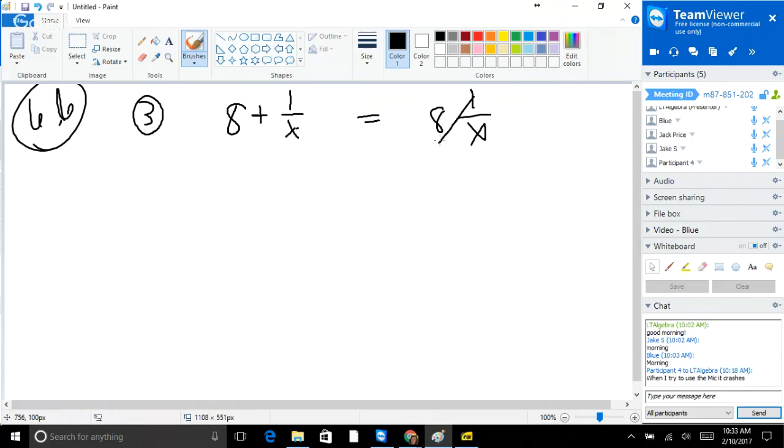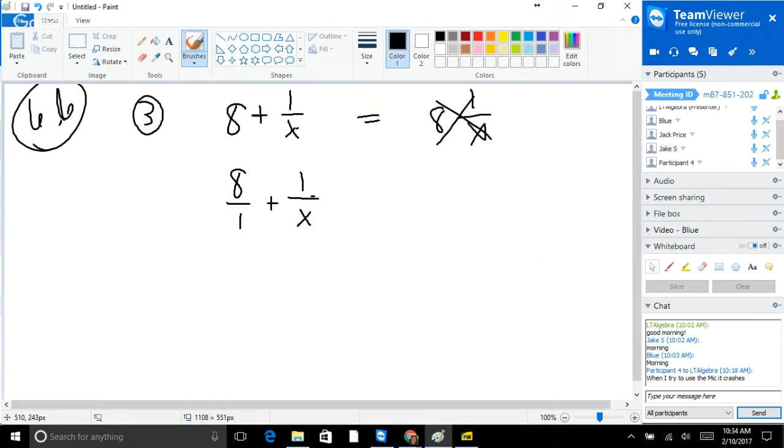But that's not right. Don't do that. When you look at a number like 8, you don't automatically think of it as a fraction all the time, but it actually is a fraction, right? This is 8 over 1 plus 1 over x.